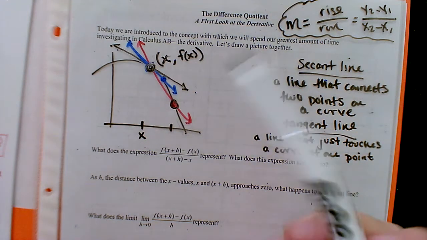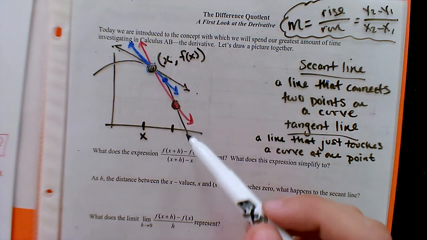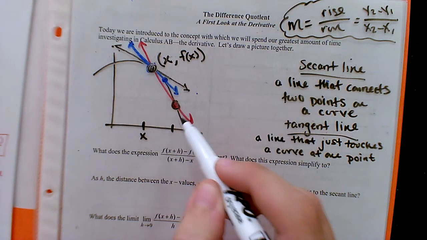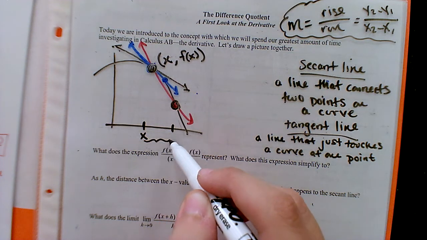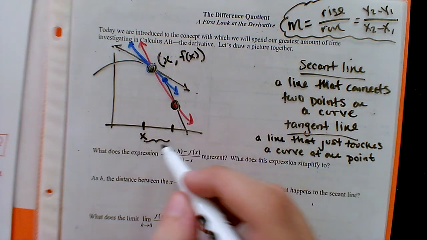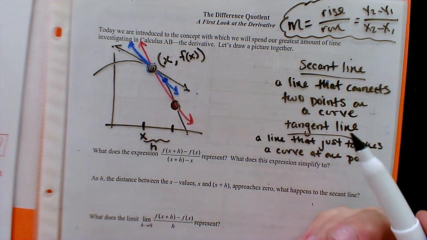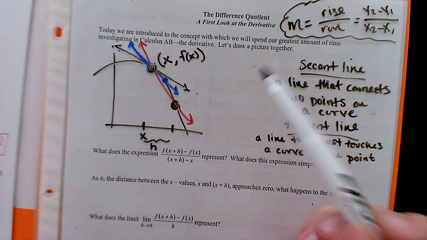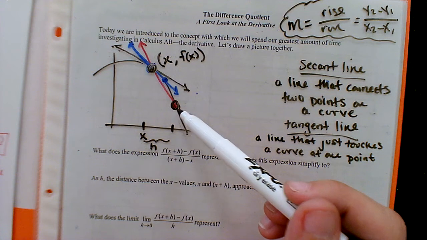So after we have this tangent point, we picked another point on the curve. We don't know what it is, but this particular point is some distance away from the tangent point. We're going to say that distance is the letter h, just to use some variable. So how might we label the x coordinate of this secant point?